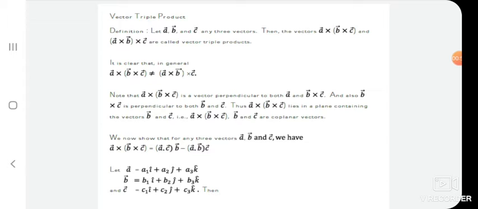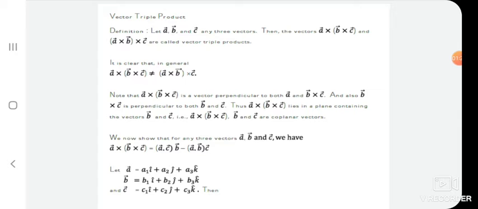Now, in the scalar triple product, the final answer is a scalar quantity, but exactly opposite to the scalar triple product, in case of the vector triple product, if we take the cross product of three vectors, in that case we are getting a vector quantity.